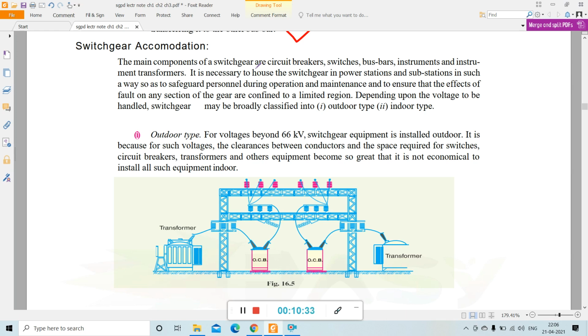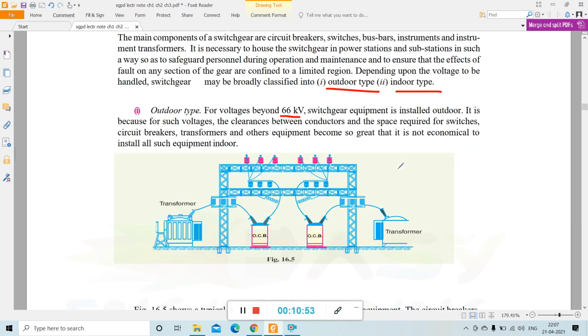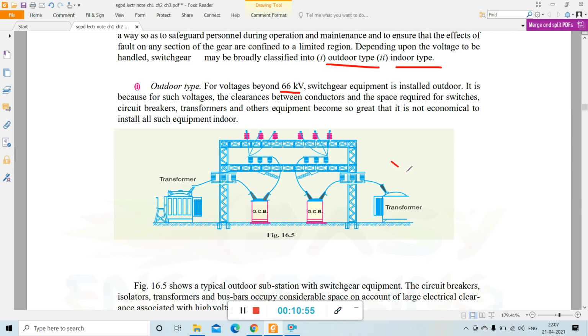Depending upon the voltage to be handled, the switchgear accommodation may be classified into outdoor type and indoor type. The outdoor type means for voltage beyond 66 kV, the switchgear equipment is installed outdoor. This is just the layout diagram for the outdoor type system.